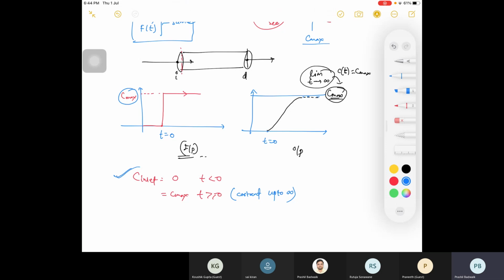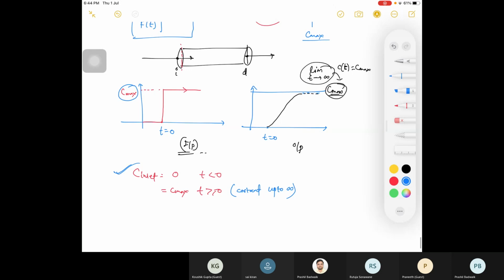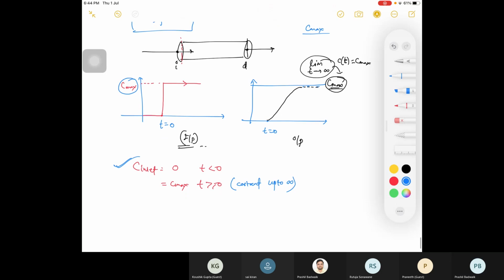That is the inlet. Now what is your outlet? Your C step of t, this is your outlet concentration at any time t.